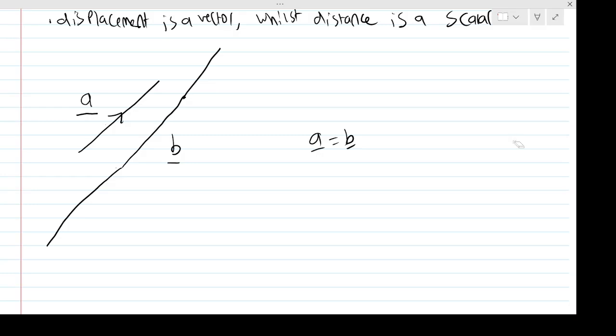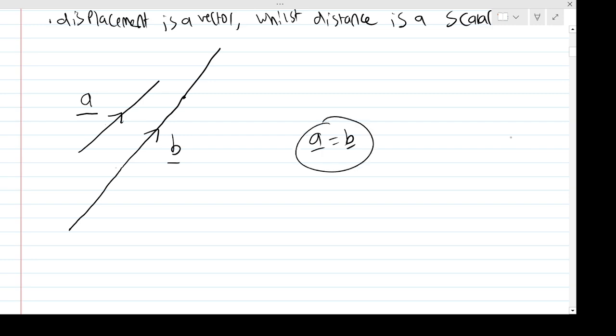The direction hasn't changed, the slope of the gradient of the line hasn't changed. Let me draw that a bit more accurately. There we are. You can see the length has changed, not the direction or the gradient of the line or the vector, but the length. I've extended the line, so hopefully you can see it's far bigger now than A.